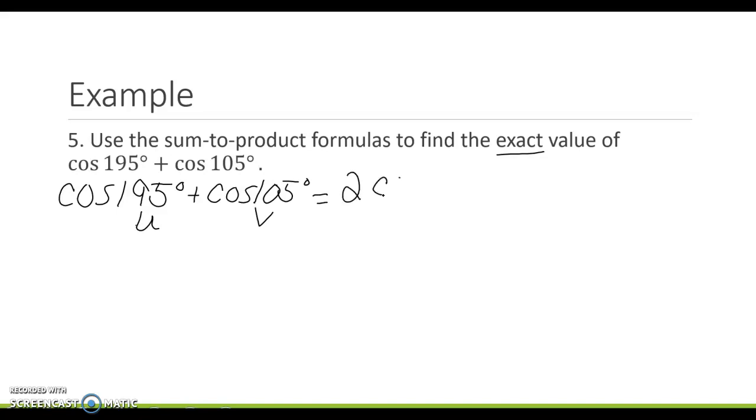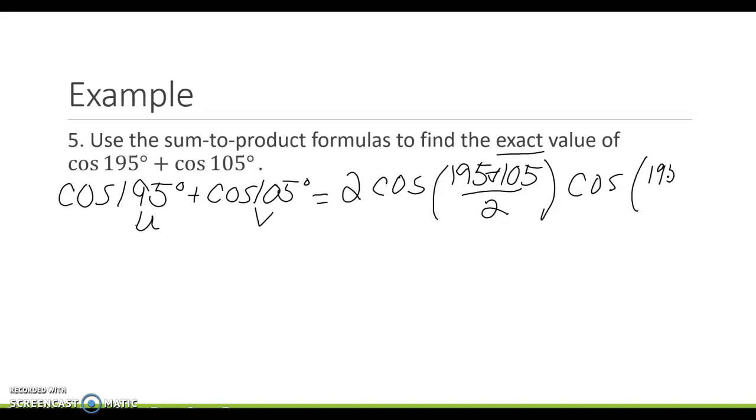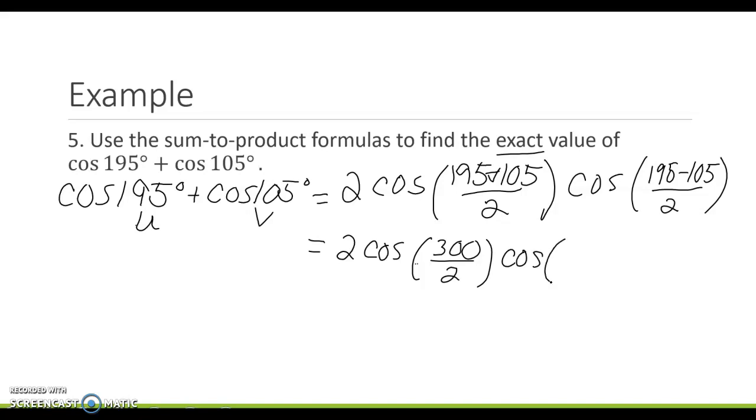We have 2 cosine of (195 plus 105) divided by 2, and then cosine of (195 minus 105) divided by 2. Okay, so then 195 plus 105, that's going to be 300 divided by 2. And then cosine of 90 divided by 2.